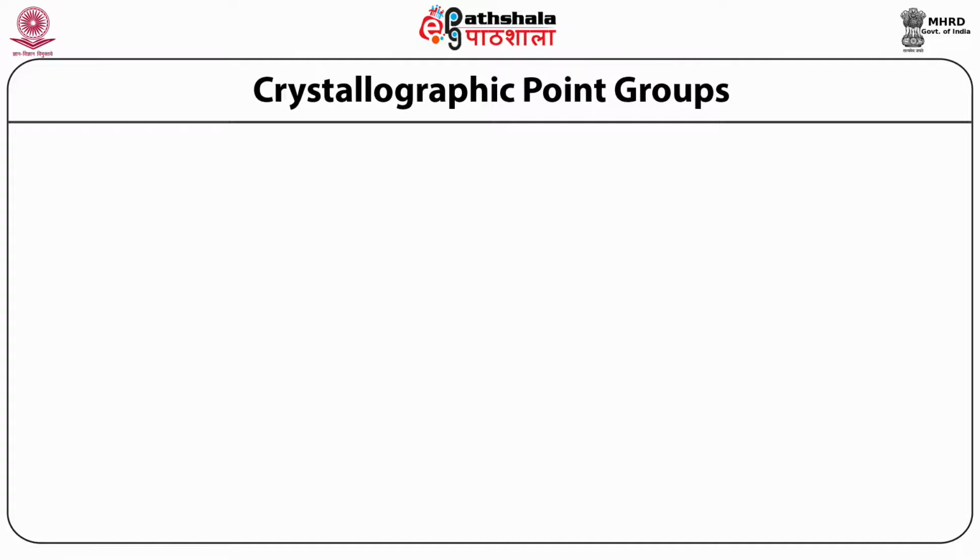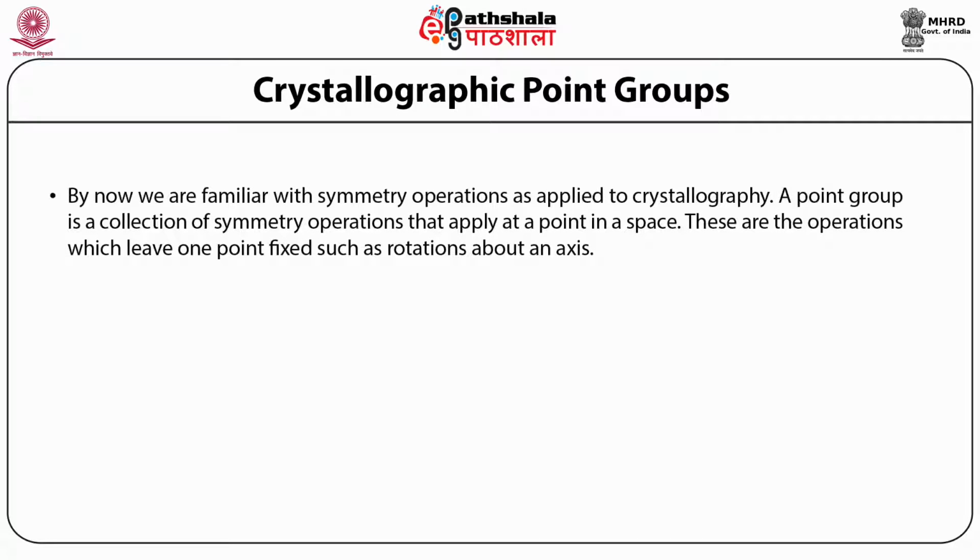Crystallographic point groups. By now, we are familiar with symmetry operations as applied to crystallography. A point group is a collection of symmetry operations that apply at a point in space. These are the operations which leave one point fixed, such as rotations about an axis.